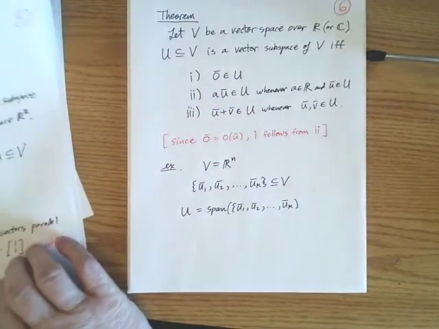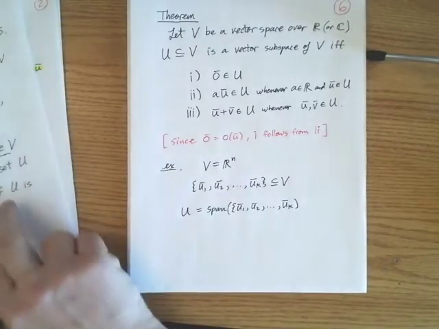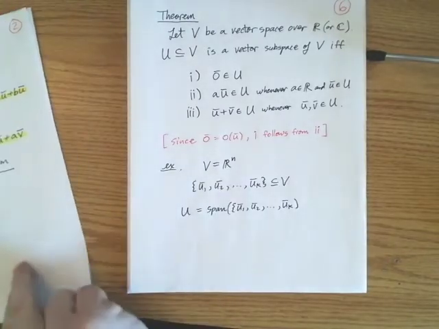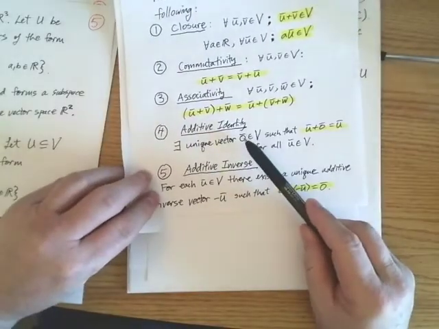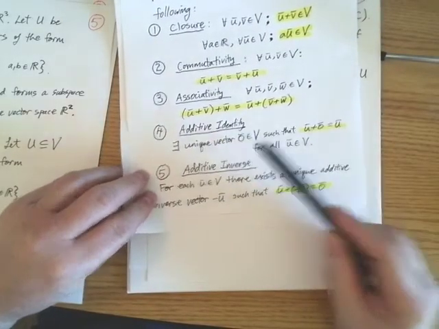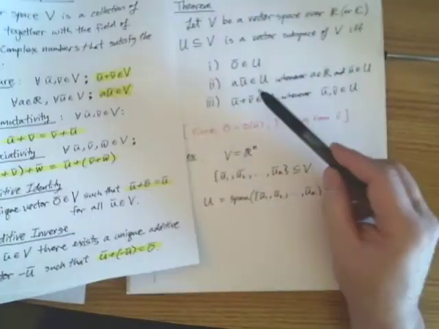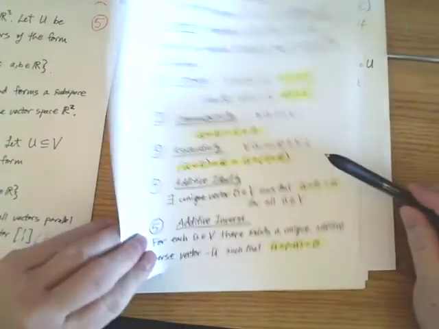Why is that? I didn't give a proof of the theorem, but we can chat about it real quickly. It's not really very difficult. Closure is basically all I have to worry about. I've got the additive identity I needed in there, which occurs, as I stated, when a is 0, but anyways, we throw that in.